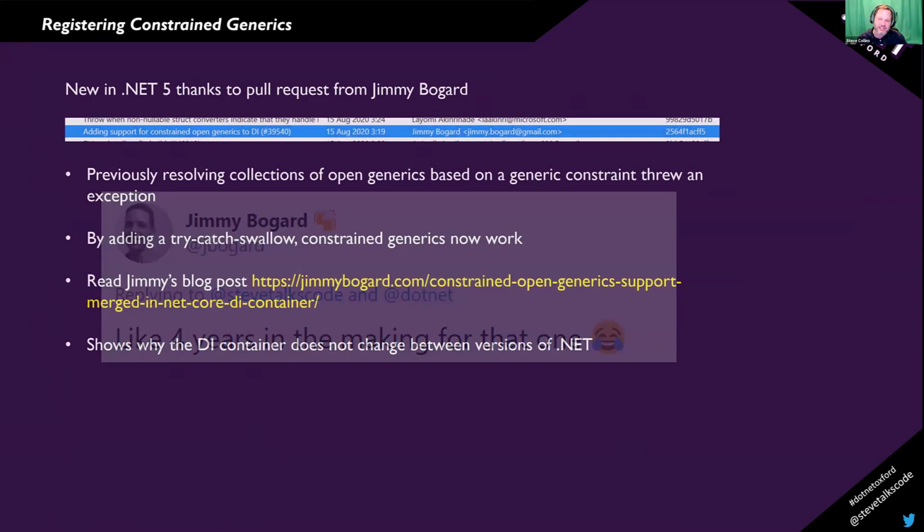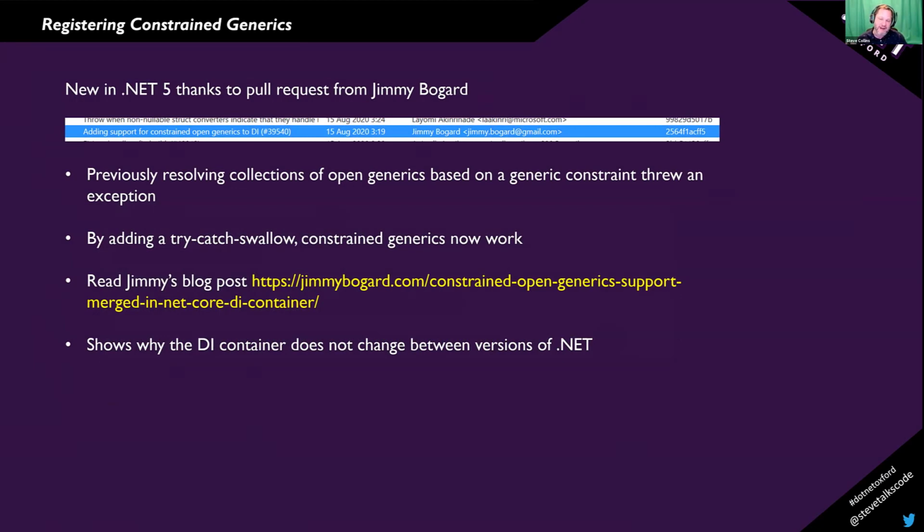So if you go and read Jimmy's blog, you get to understand why there's been very little change in the Microsoft container since the first version of .NET Core way back in, where was it, 2016. In short, you must ensure that, because we took all those other containers like Autofac and Ninject or what have you to implement IServiceProvider, your change isn't going to break those.